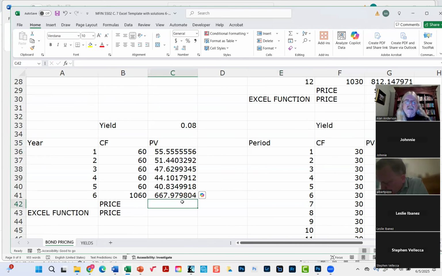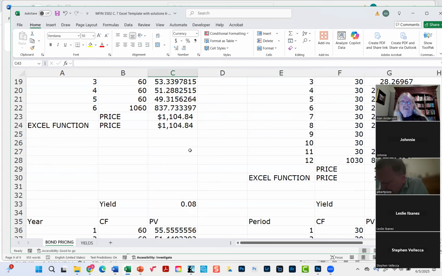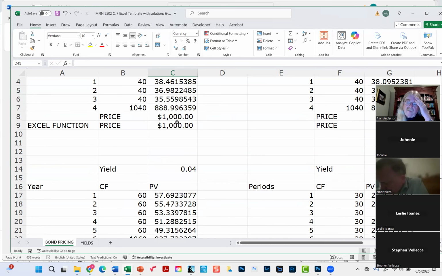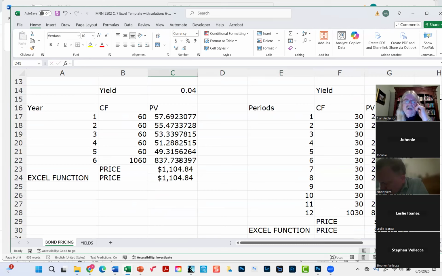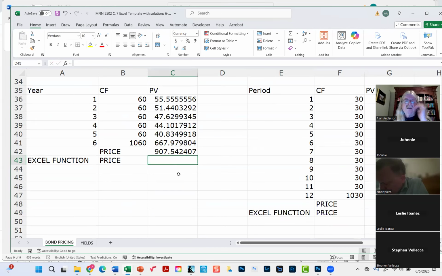I need the sum. And as I predicted, it went down quite a bit. But that's because the yield went up 4 full percentage points. 1104 down to about 907. That's a big difference.